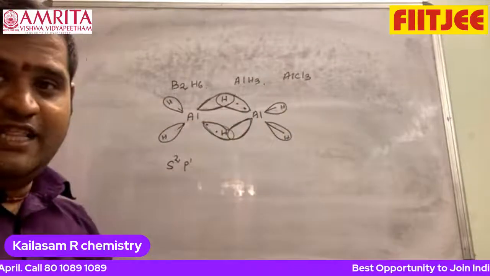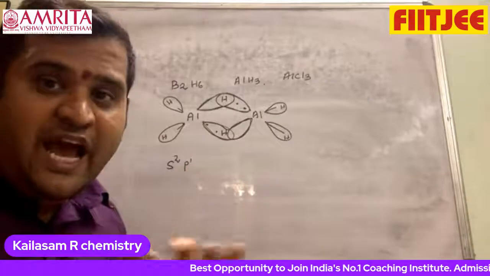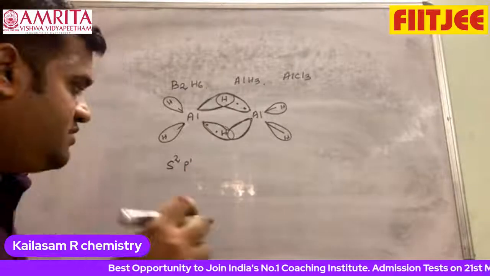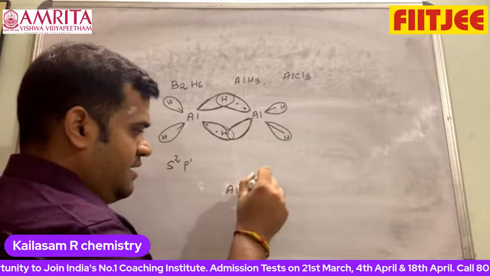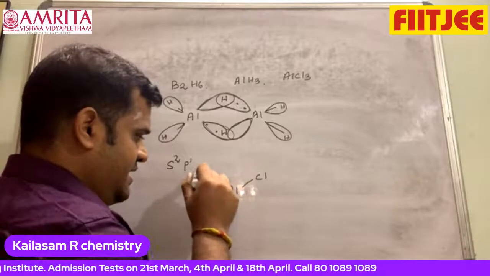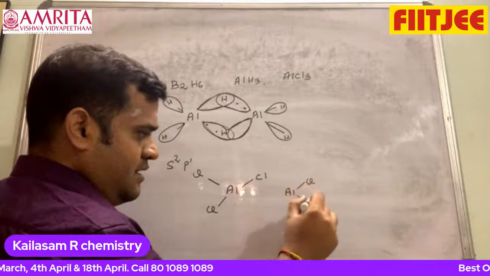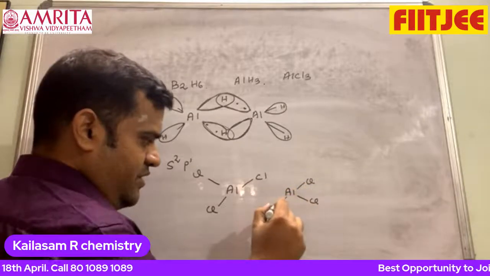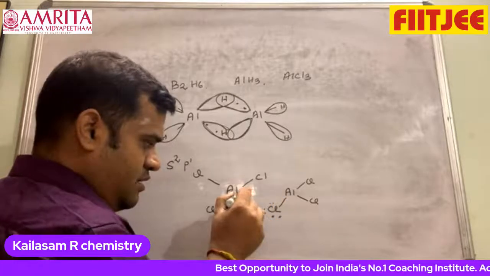But what about AlCl3? AlCl3 undergoes dimerization, but it does not have a banana bond. Why? Because here, Al and Cl, you know that chlorine has non-bonding electrons.